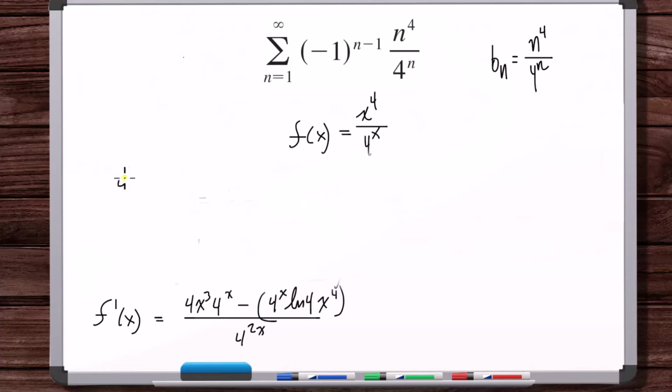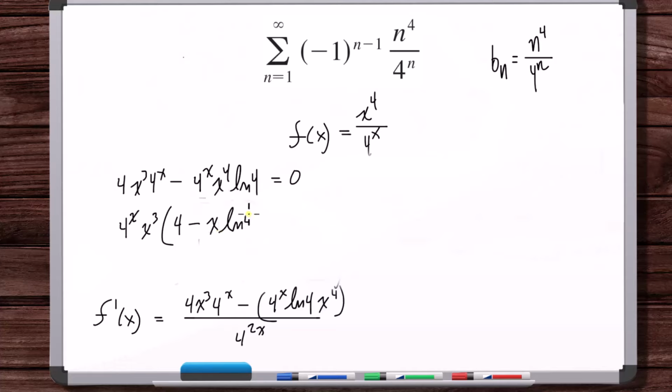We've got 4x cubed, 4 to the x, minus 4 to the x, x to the 4th, natural log of 4 is equal to 0. Let's take out a 4 to the x, x cubed. So you've got 4 minus x natural log of 4.